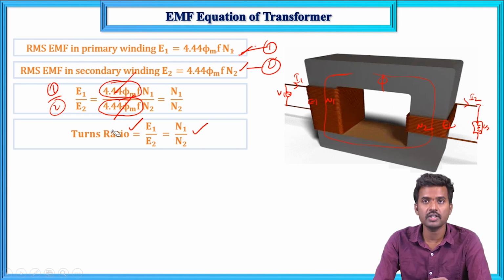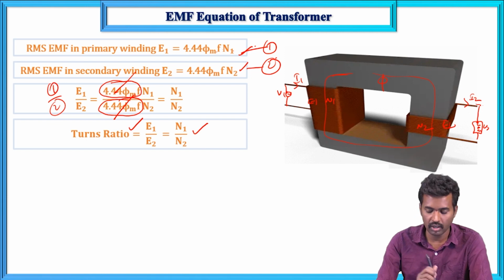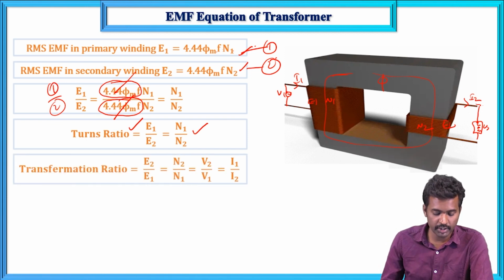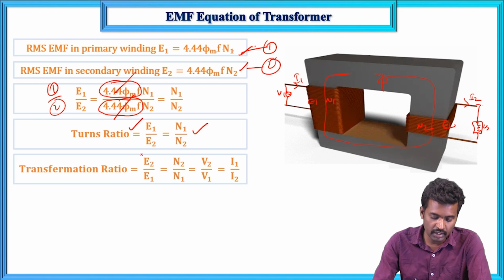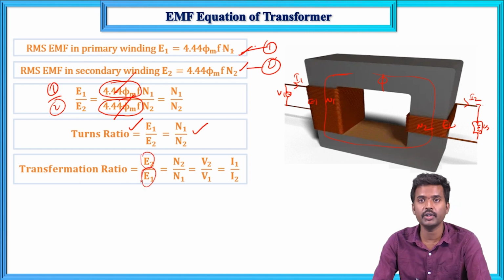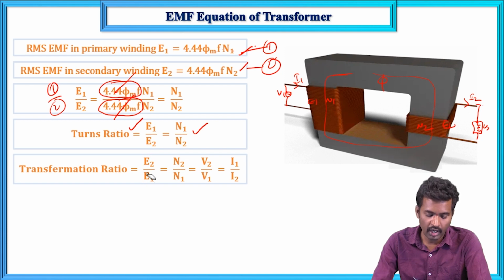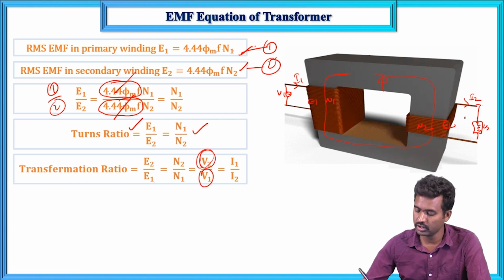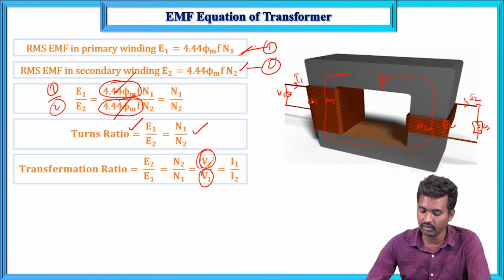Now turns ratio is different and transformation ratio is different. The transformation ratio is E2 by E1, the ratio of secondary induced EMF to primary induced EMF. And next, secondary winding turns to primary turns, that is N2 by N1, and V2 divided by V1, E2 divided by E1, N2 divided by N1, and I1 divided by I2.